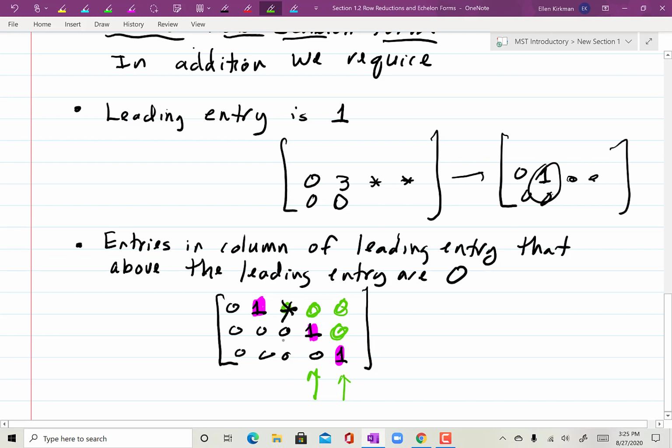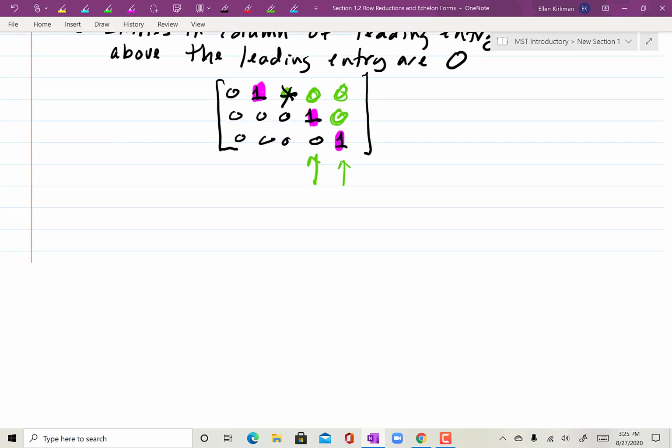But things in these columns that are not leading entries can be anything. There's no restriction on them. So when those 5 things happen, it's in reduced row echelon form. If just the first thing happens, it's in row echelon form. And we'll do more examples in class.